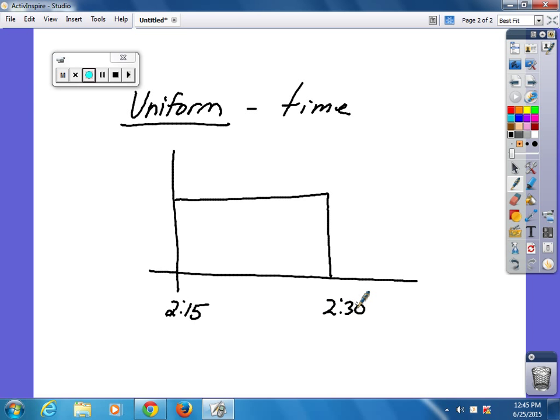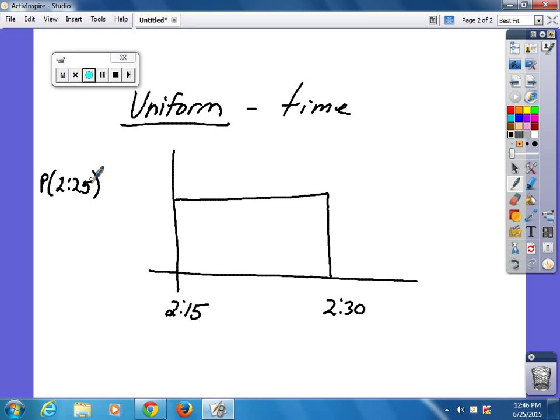In other words, most of the time I end my class somewhere between 2:15 and 2:30. And based on that information, I want to know what is the probability of my class ending at 2:25.